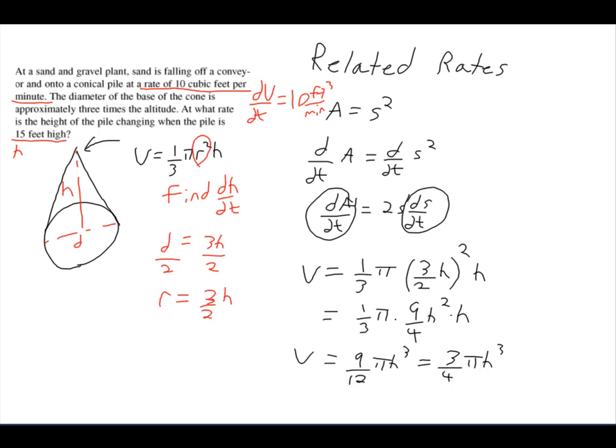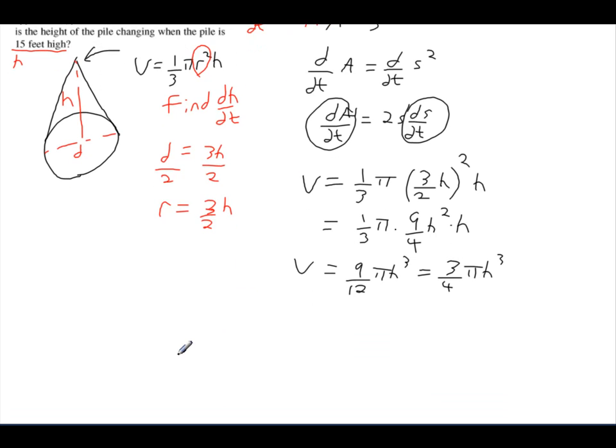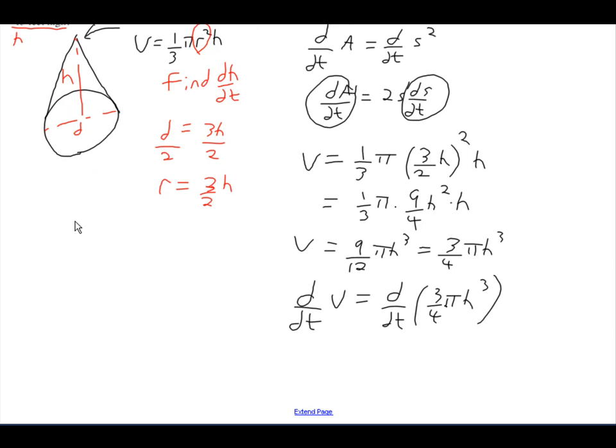So now that we have that, we can take the derivative of it with respect to time. So we want the derivative with respect to time of v equal to the derivative with respect to time of 3/4 pi h cubed. So we know on the left side that's quite simple.